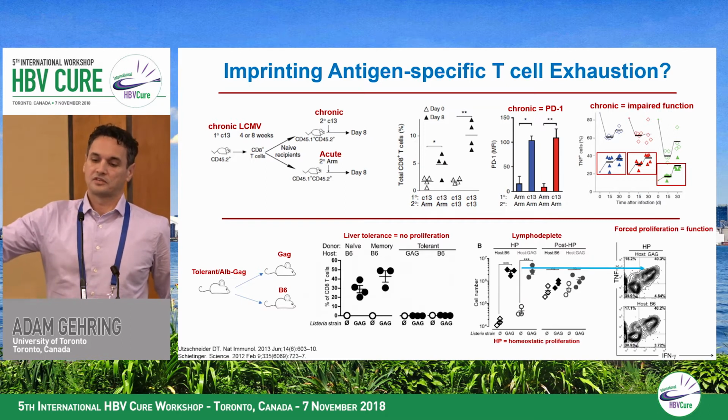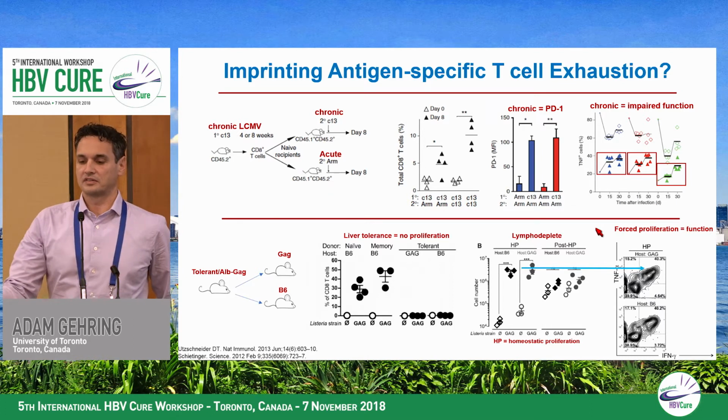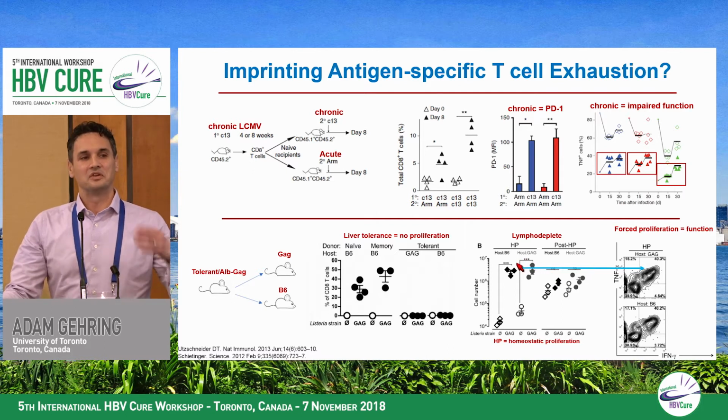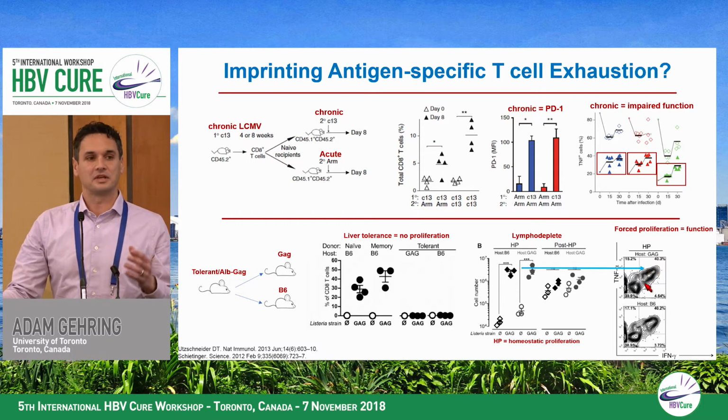But what they found, interestingly, in this study was that if they lymphodepleted the mice prior to this adoptive transfer, and this is certainly not something that's clinically possible, they induced homeostatic proliferation. And when you look at the T cells in this phase, they were able to produce interferon gamma and TNF alpha, so they became functional again.